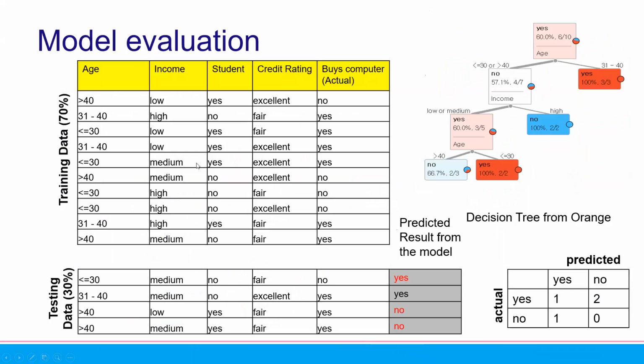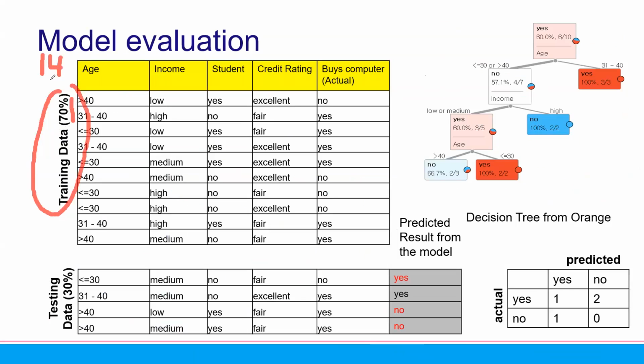So let's say in the data that we learned before about the buys computer, if you still remember, we have 14 data. Among the 14 data, I would like to split it into the training data, which is 70%.